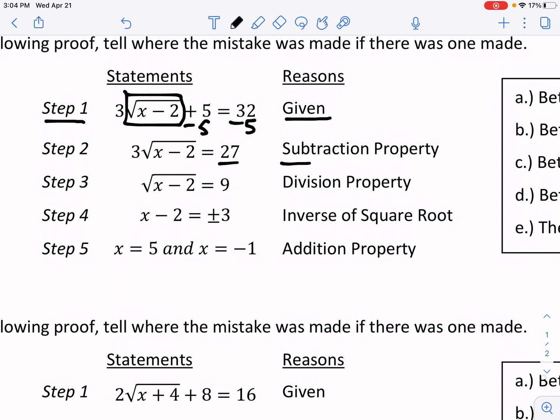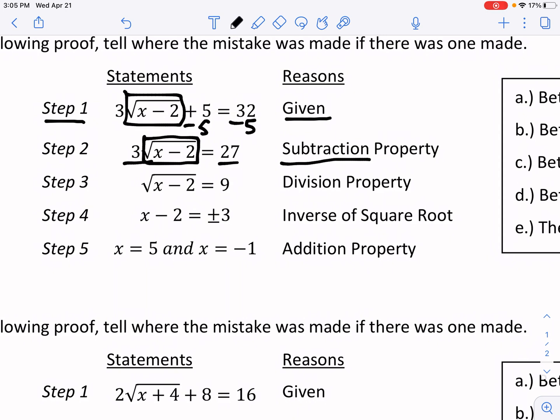So was the subtraction property right? Yeah, that would be the first thing we would want to do: subtract 5 from both sides. Then, from there, we still don't have the square root by itself. We still have a 3 being multiplied. So what would be the opposite of multiplying by 3? Dividing by 3, right?